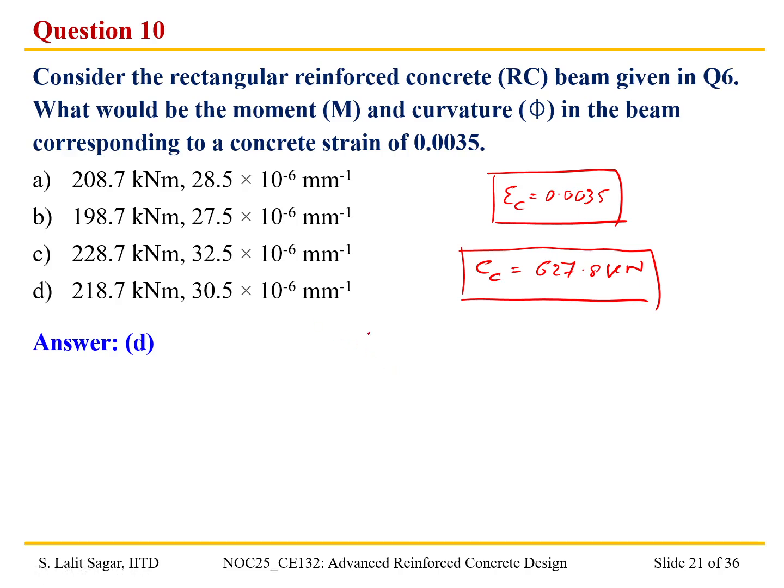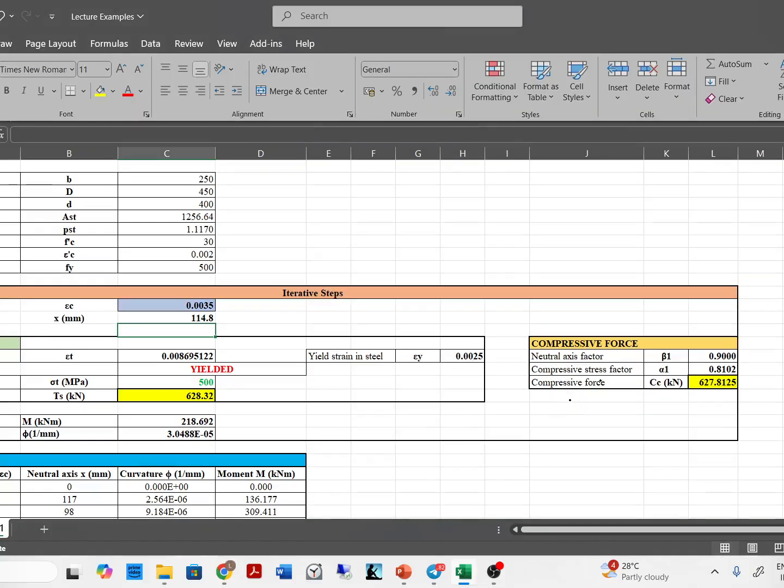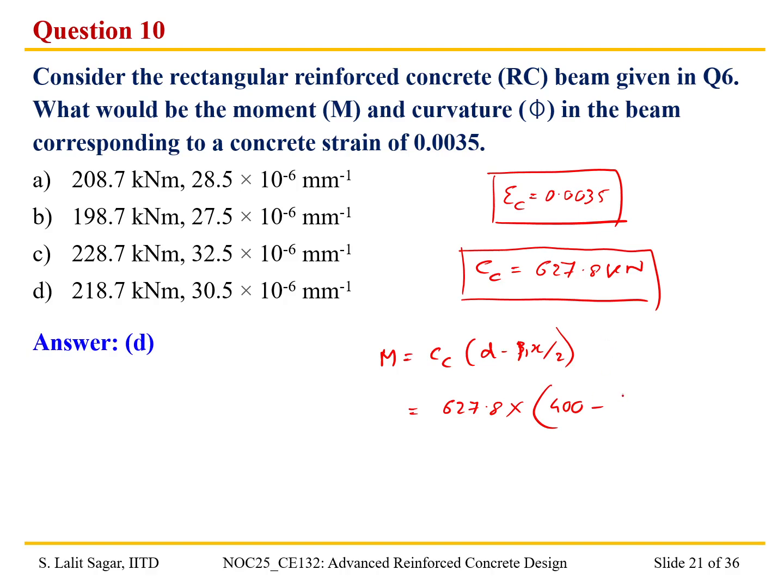Now we have the value of the equation for M is equal to Cc into d minus beta 1 into x divided by 2, that is 627.8 into d is how much? 400 minus beta 1 is 0.9.